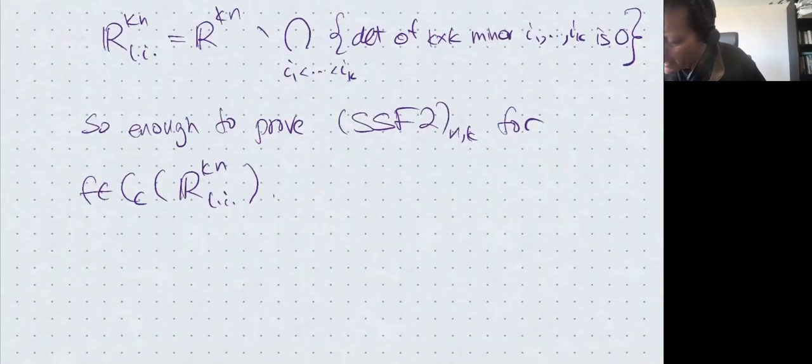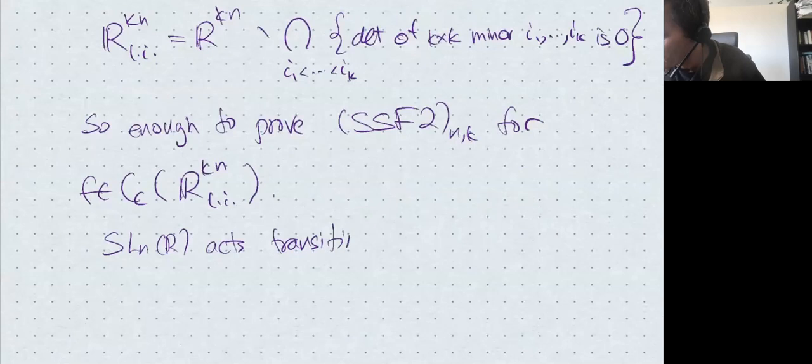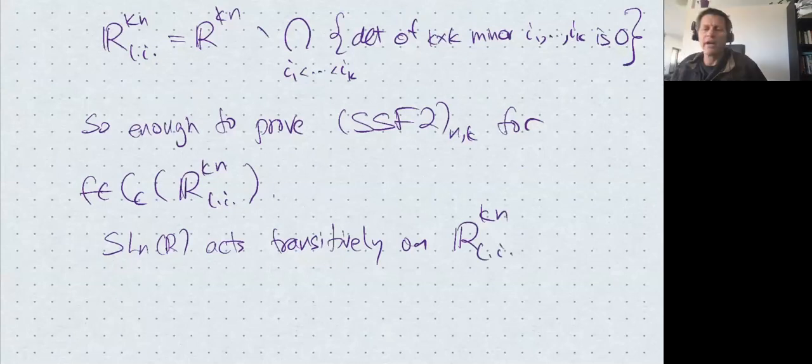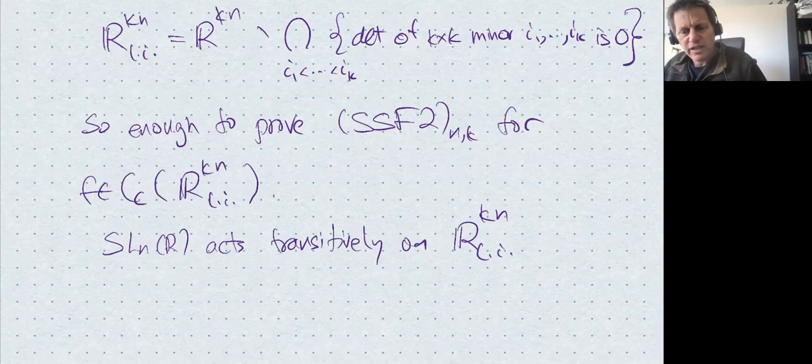Now, SL_n(R) is acting transitively on this collection. If I have any two k-tuples of linearly independent vectors, with k less than n, then there's an invertible matrix which takes the first k-tuple bijectively onto the second k-tuple.